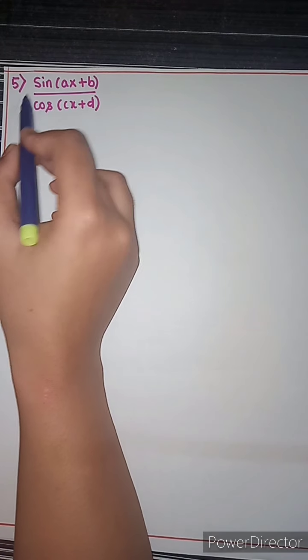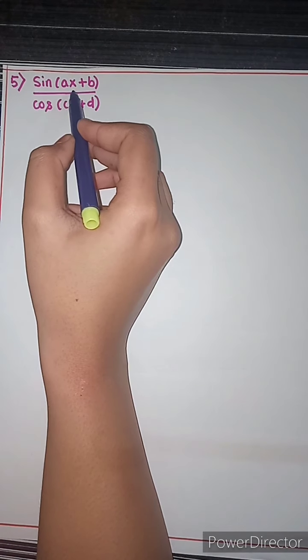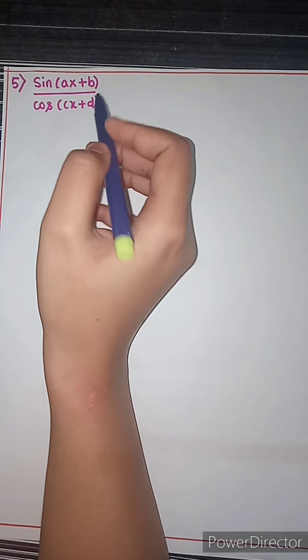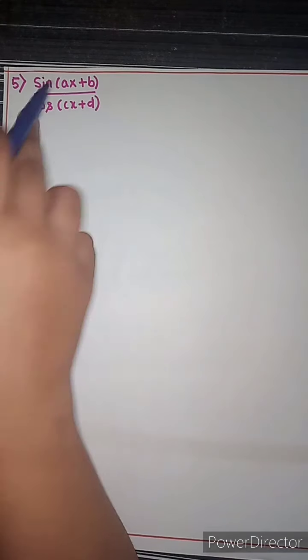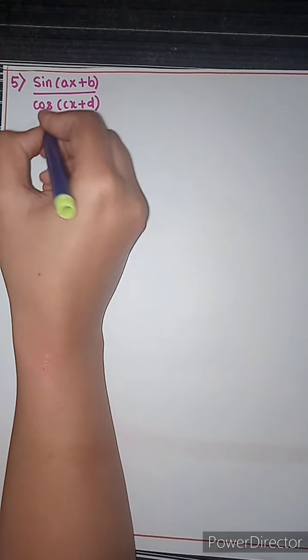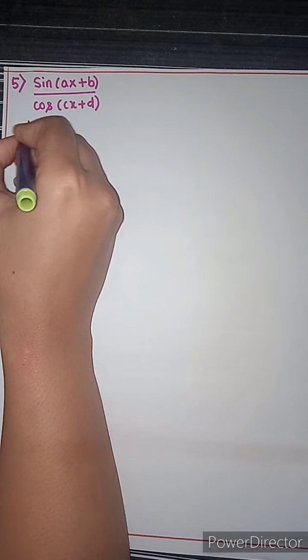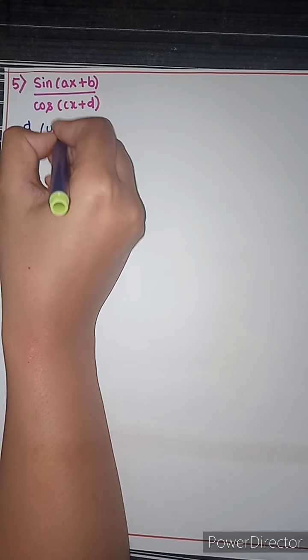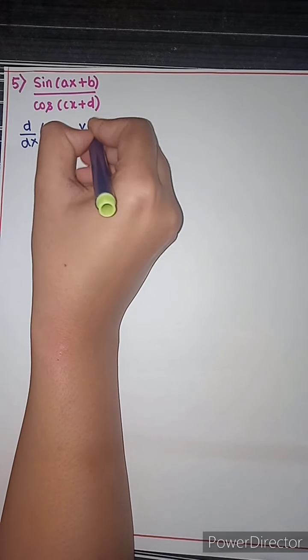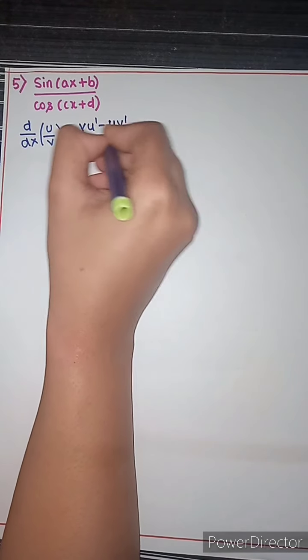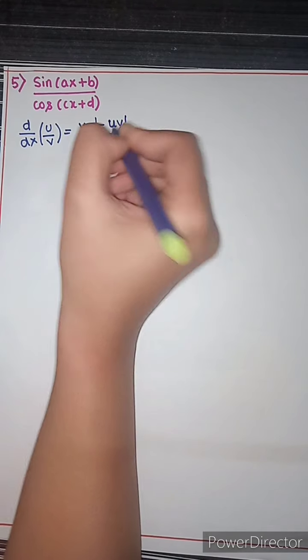Now fifth question, sine of ax plus b over cos of cx plus d. See, this is in the form of u by v. So as we know, derivative of u by v is vu dash minus uv dash over v square.